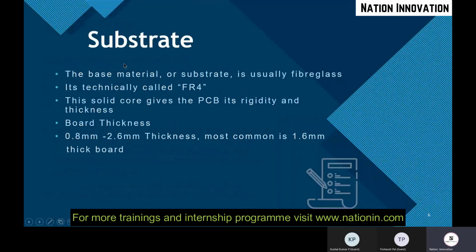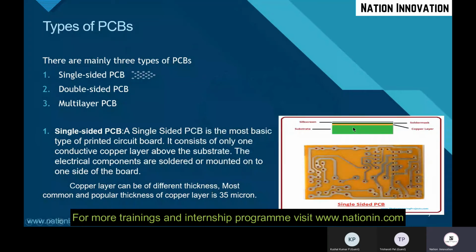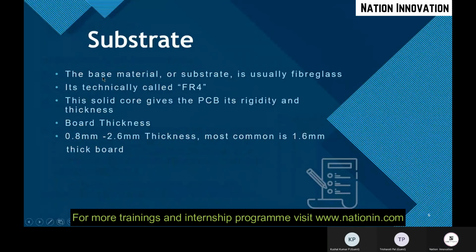Secondly, I have explained what the substrate is here, and this is the substrate you have seen. It is a base material, and it can also be called a substrate. It is usually made up of fiberglass, and it is technically called FR4, that is flame retardant 4. This solid core gives the PCB its rigidity and thickness. Whatever rigidity and thickness you find in PCBs is all given by this substrate.